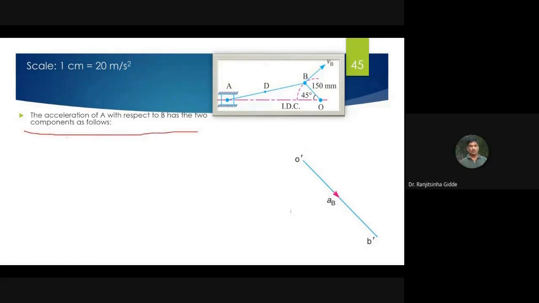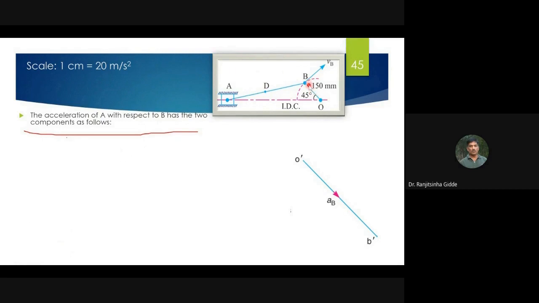So acceleration of A with respect to B has two components. One is along the link and one is perpendicular to the link. You should remember this much only.